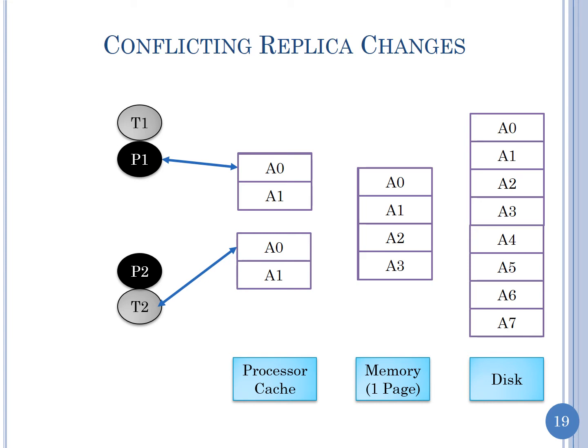Okay? So this is an example of true sharing conflict, and we need to run some kind of algorithm to make sure that they don't make conflicting changes to the same value, as long as they access the same cache block or cache line. In this case, they both happen to be accessing the same word, so it's a true sharing conflict.